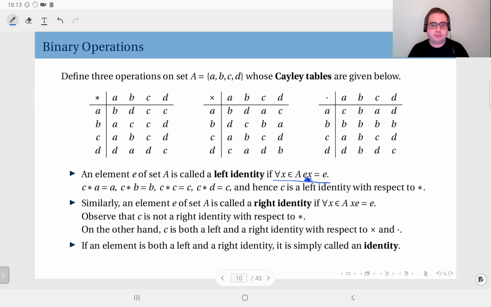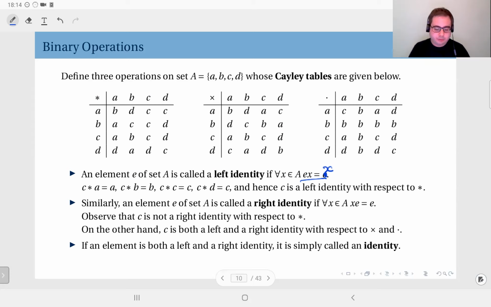It's just an operation, however it may be defined. So when an element E, when multiplied from left with all the elements, if the result is X itself, sorry, this should be X. If this is satisfied, we call this a left identity.